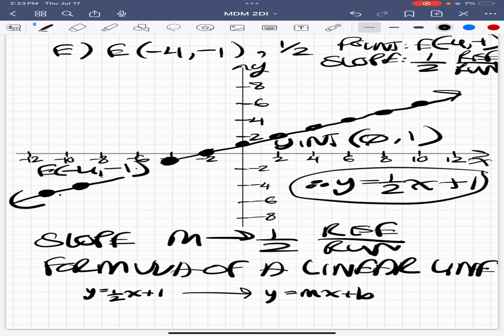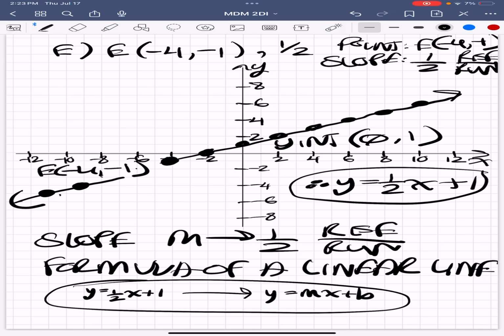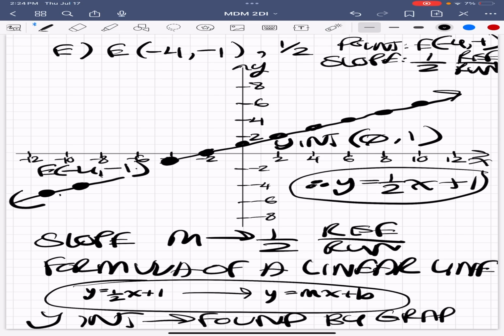Alright, so we have that as well, and then we have the y-intercept found by graphing.